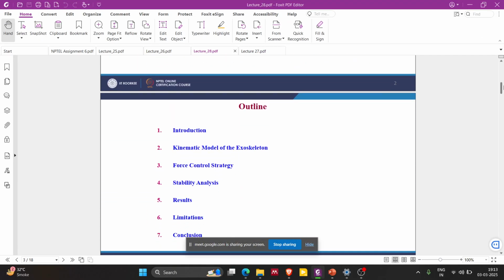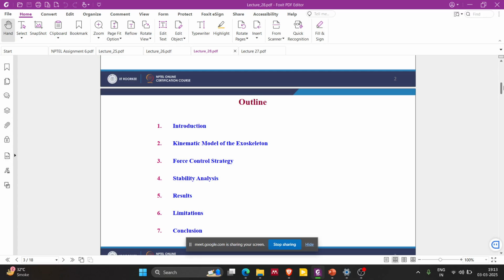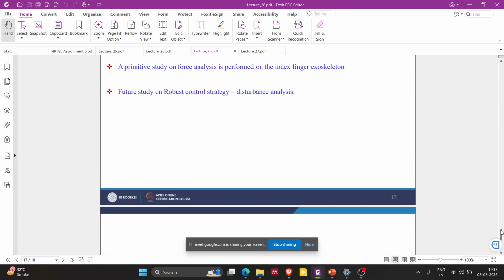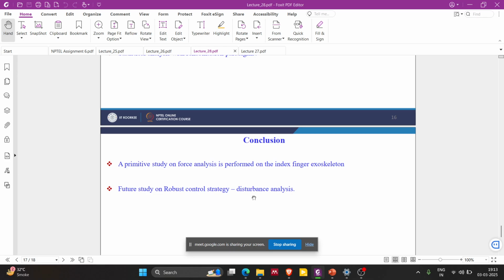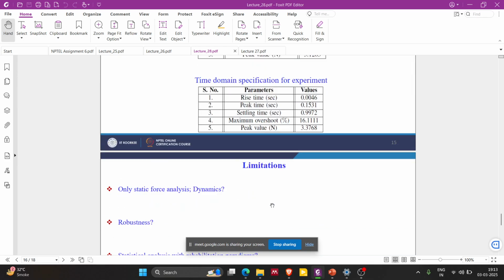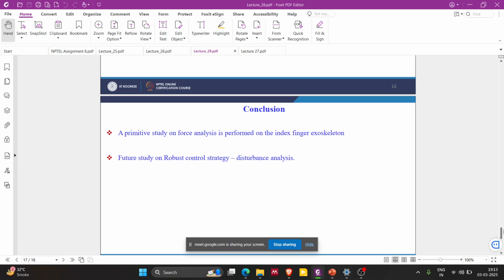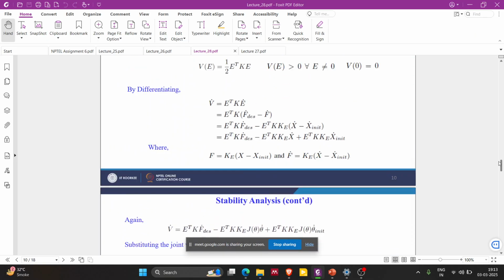Here, just go through the outline first, and I think you'll find this conclusion. So please go through this conclusion part, and after that you will decide if you want to take this part or not.